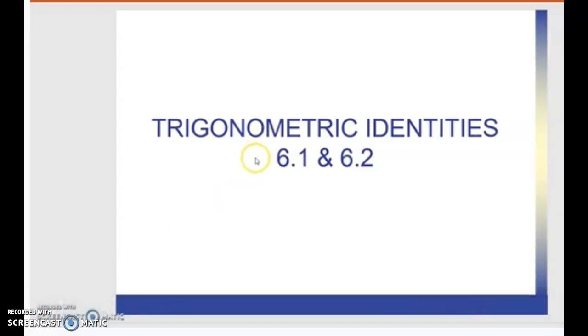Today we will be working with trigonometric identities. This corresponds to sections 6.1 and 6.2 in your text.